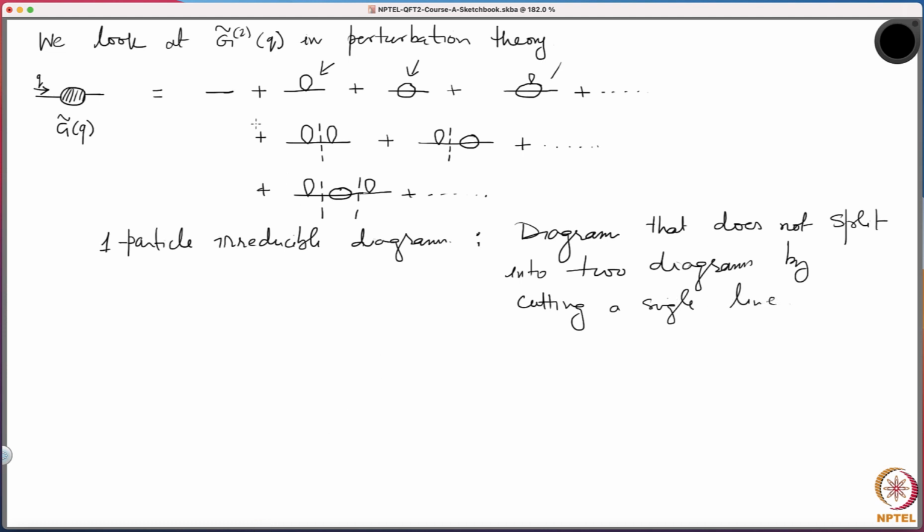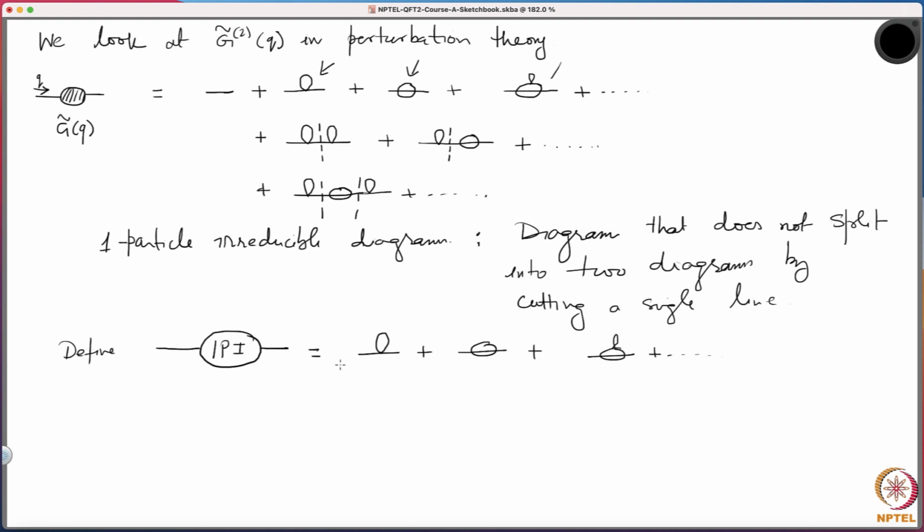Now let's look at these irreducible diagrams. I will define one particle irreducible diagrams. By this blob with 1PI written in it, I mean the collection of all one particle irreducible diagrams. So you have this plus this plus and so forth, there are infinitely many of them.